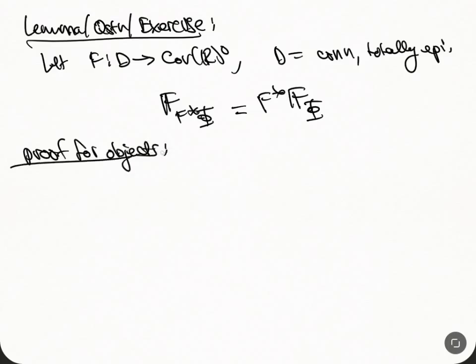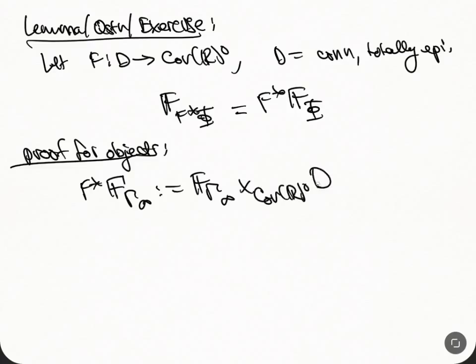And so the proof for the objects here is we take f star f of gamma infinity here. We'll take these covers. Okay, and this is this guy here, and then we can see on objects that these are going to be the same. So D here.